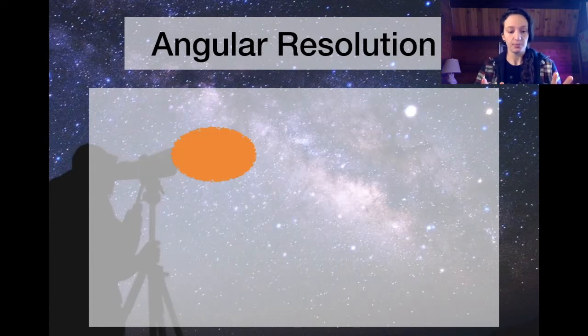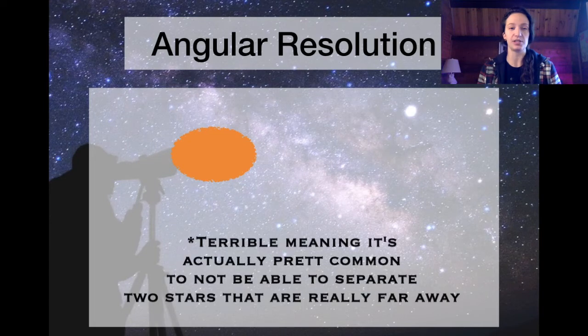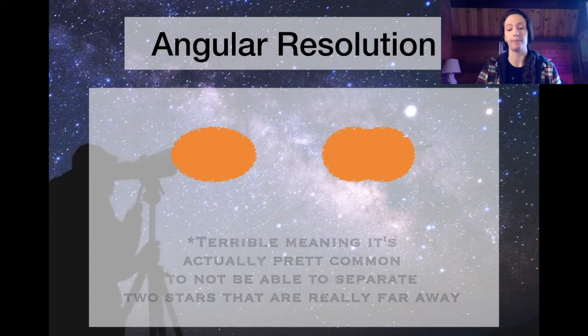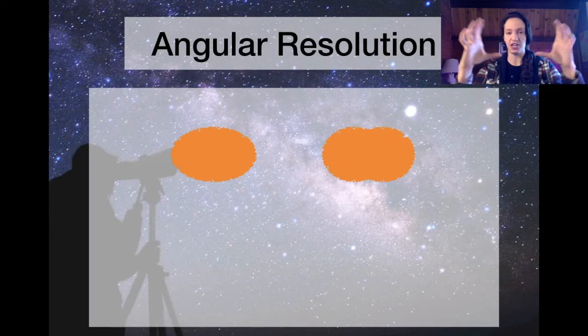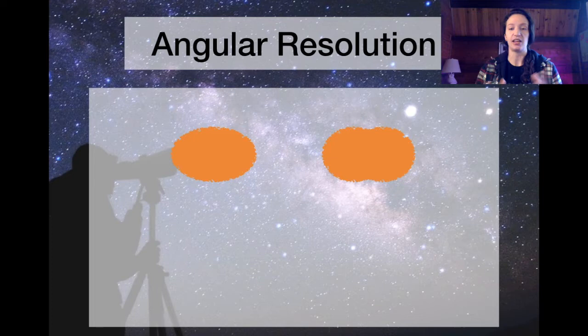So I want to illustrate this again. What this means is that, say we have two stars that are right next to each other. If you have kind of a terrible angular resolution, they will blur together and just look like one kind of oblong or oval-shaped star. If you have slightly better angular resolution, you might be able to start seeing that dip between the two stars, telling you that there might be two stars there.